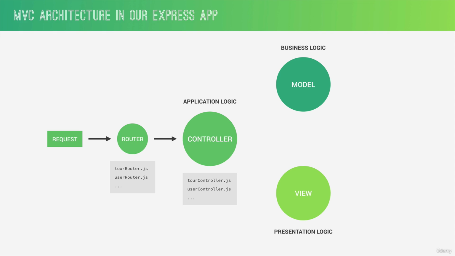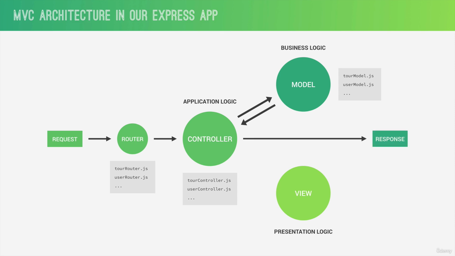Then, depending on the incoming request, the controller might need to interact with one of the models, for example, to retrieve a certain document from the database or to create a new one. Once more, there is one model file for each resource. After getting the data from the model, the controller might then be ready to send back a response to the client, for example, containing that data.